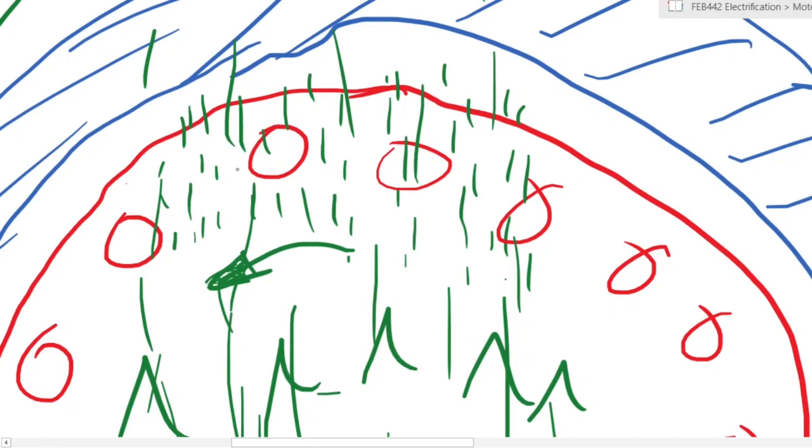So the same principle of electromagnetic induction applies. What will happen is you start to see a current flowing inside the copper bars due to the magnetic field that is there.